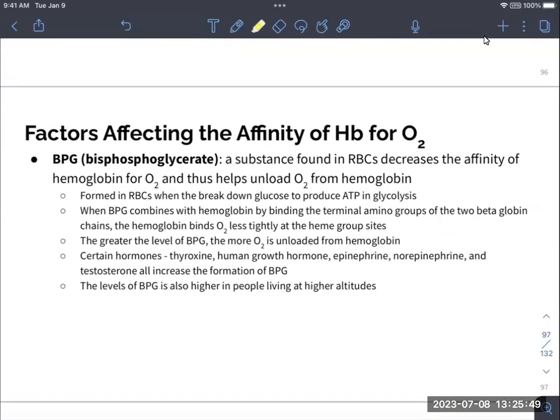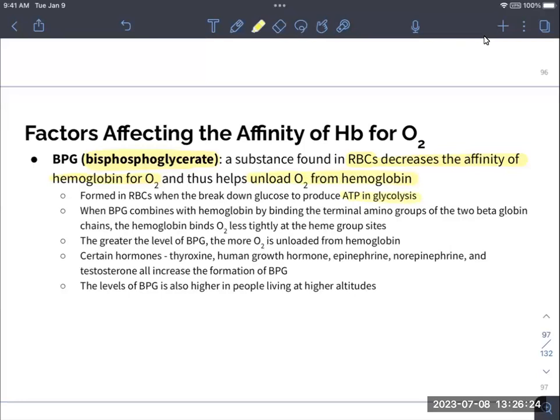BPG, bisphosphoglycerate. It's something else that is found in red blood cells. And it actually decreases the affinity of hemoglobin for oxygen. And that's what helps our red blood cells unload oxygen from that hemoglobin. So this is actually a byproduct of glycolysis, where we produce ATP.